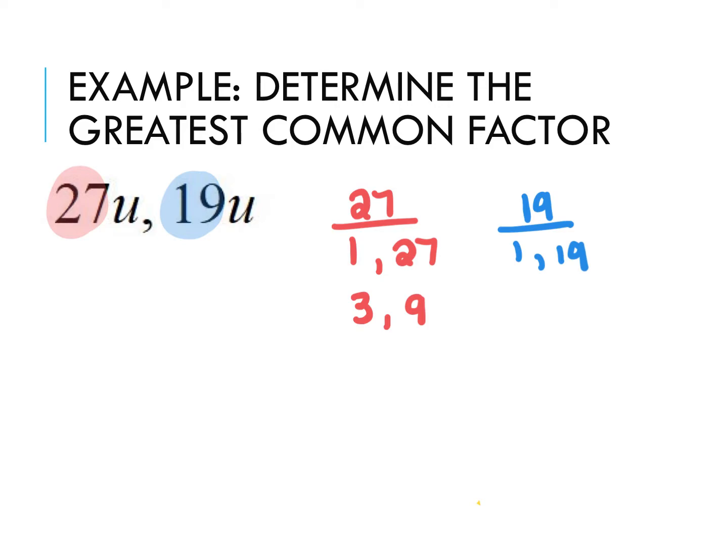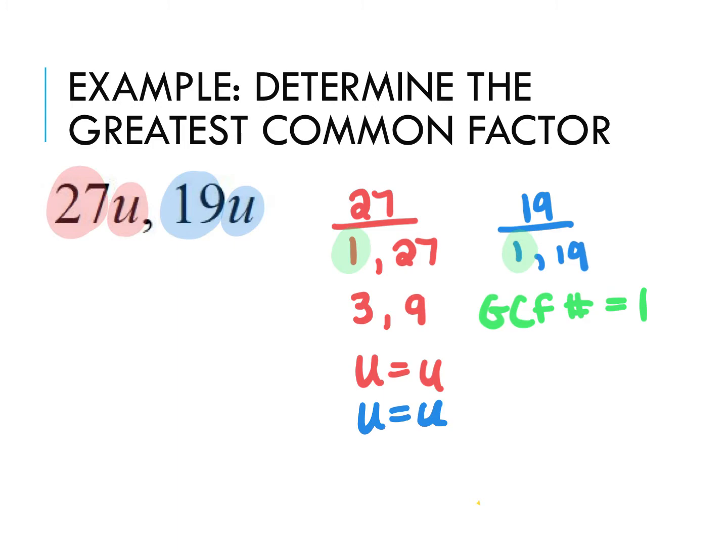Now, when I look for my common factors, the only factor in common here is 1. So the greatest common factor of the numbers is 1. Now for the variables part, my first variable is u, which is really just u, and the second variable is also just u.